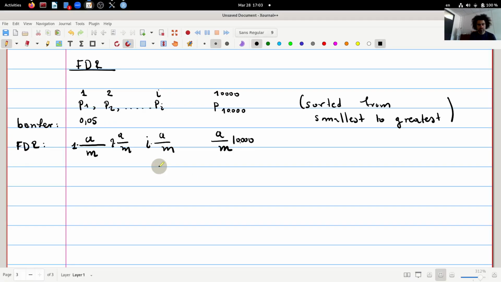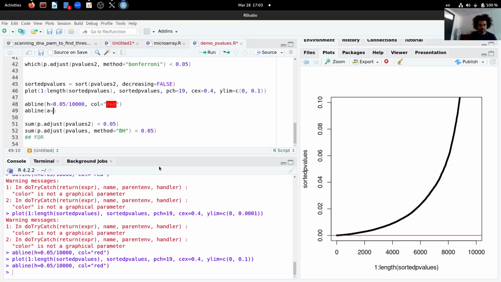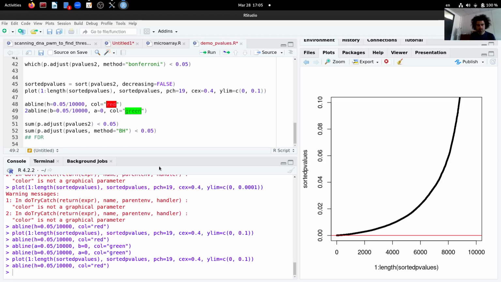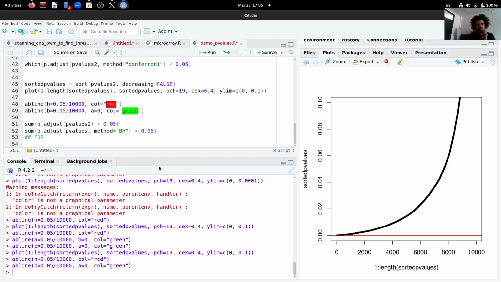The slope of this line will be 0.05 divided by 10,000, and, so I made a mistake here, the slope will be 0.05 divided by 10,000, and the intercept will be 0. So this line is this green one.